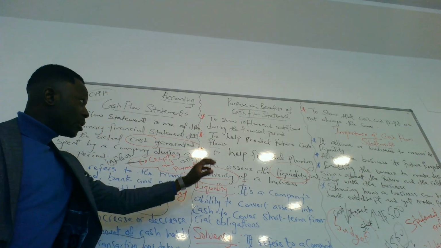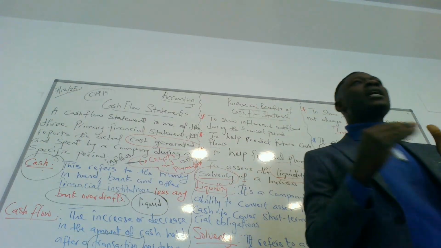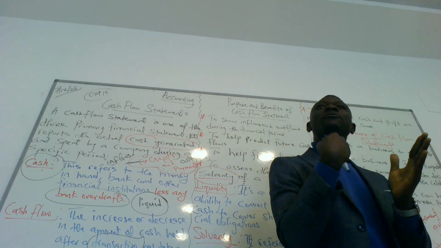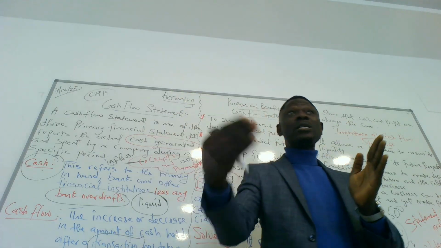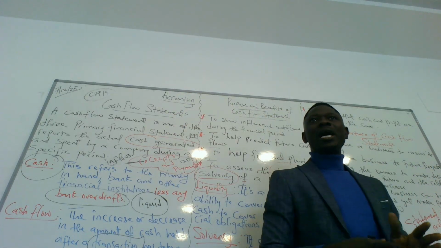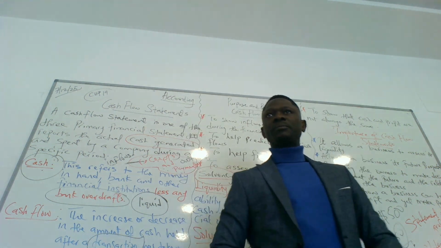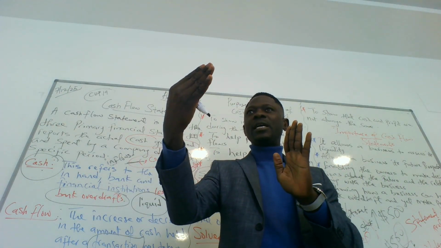The second one, to predict future cash flows. We have what we call the cash flow forecast. It is an estimated amount of cash that we are expected to make in the future, and the estimated amount of cash that we are expected to spend over the future. So, how do you get these estimates?